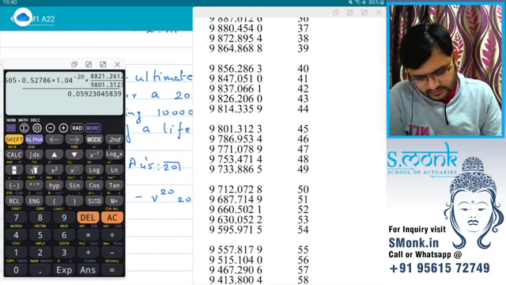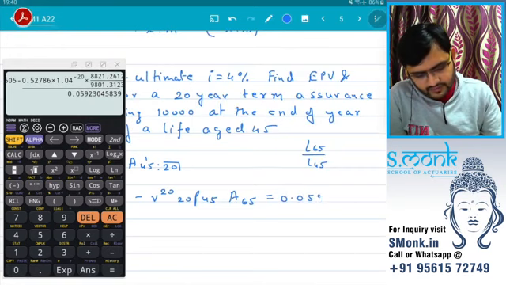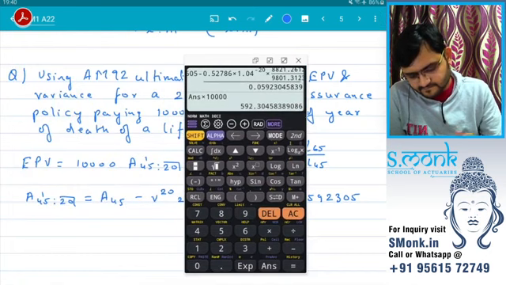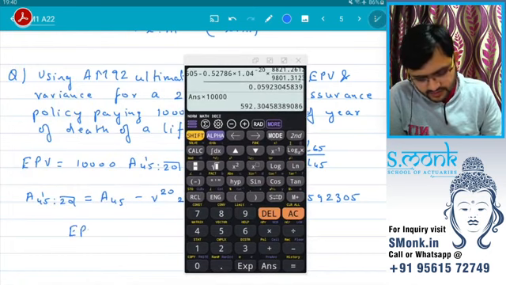This becomes 0.0592305. We'll multiply this with 10,000. So expected present value comes out to be 592.304.